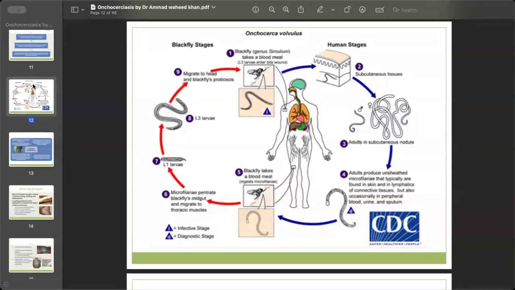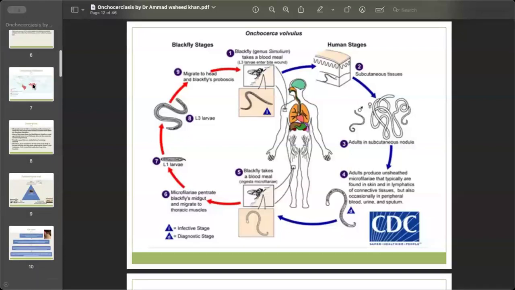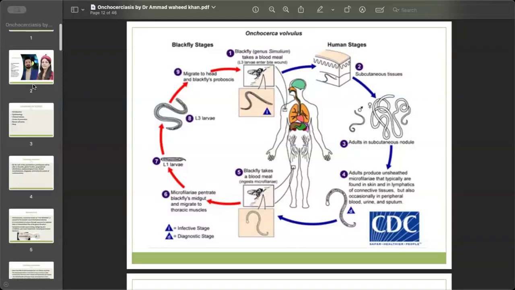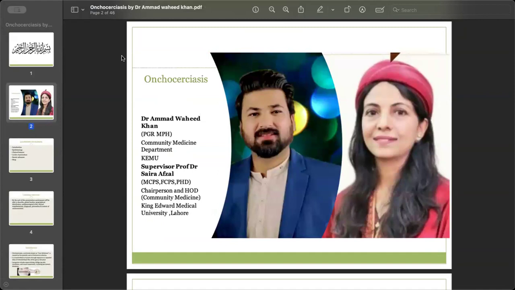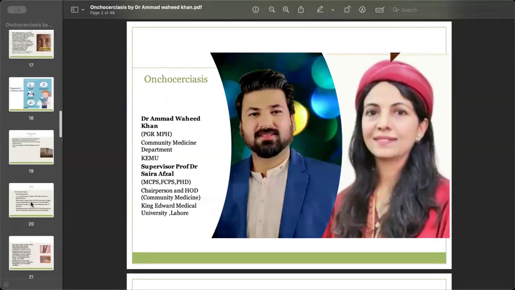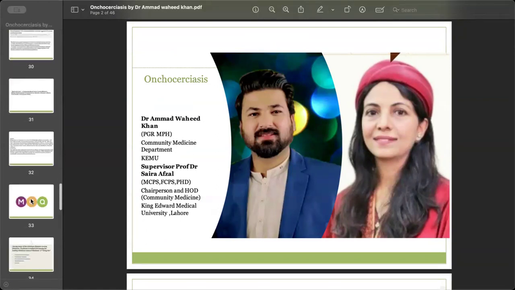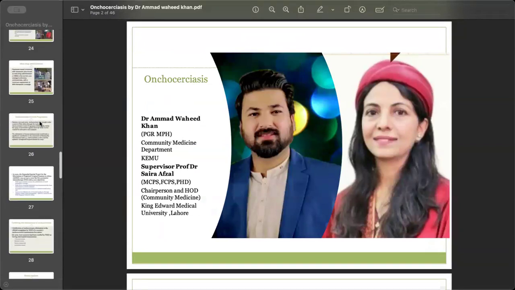This is the dilemma: the rivers and fast flowing streams are there, but hand hygiene practices and other hygiene measures are not being observed by the people, and it leads to permanent skin damage as well as blindness. So treatment is necessary, and there is a very important drug, ivermectin, which won the Nobel Prize because of its discovery and saving millions of lives.